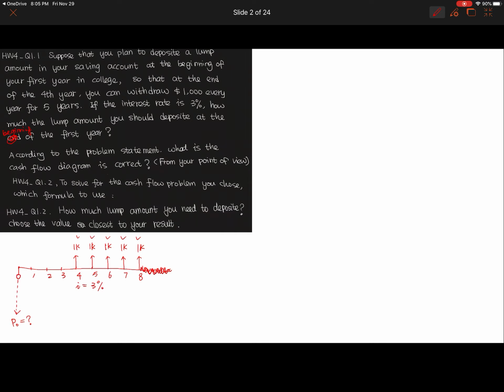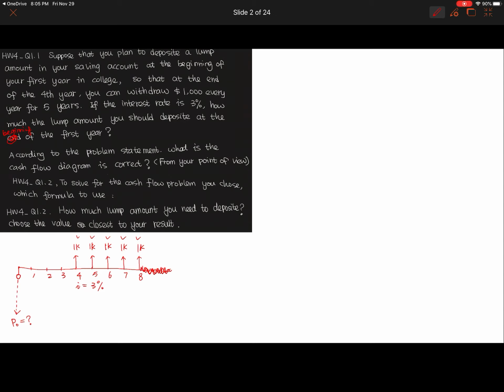We said in the class that this cash flow is called a deferred annuity. The original annuity problem is the cash flow starting at the beginning of the first year and continuing with the same amount every year.